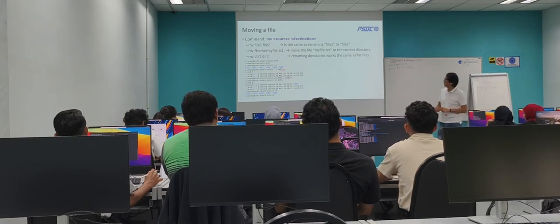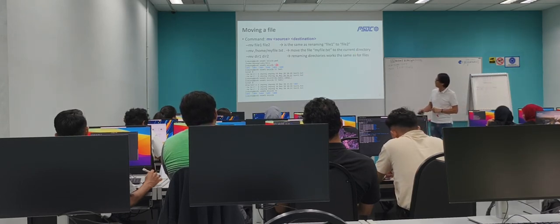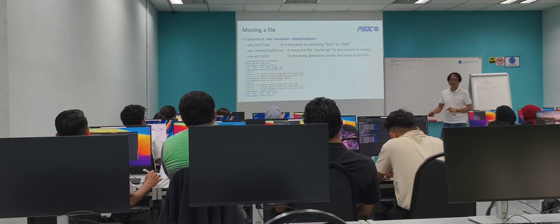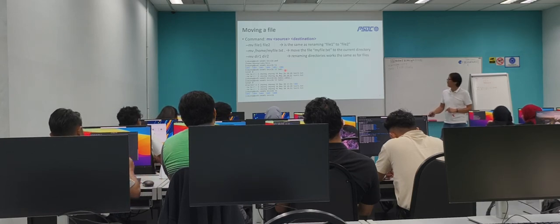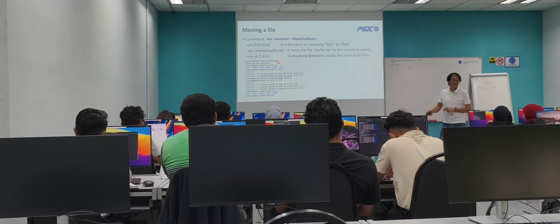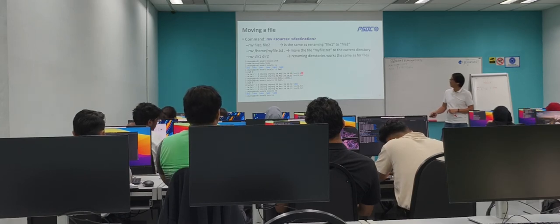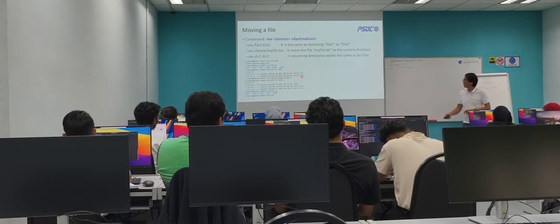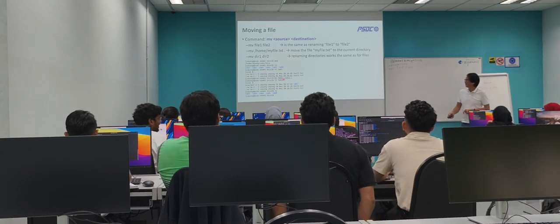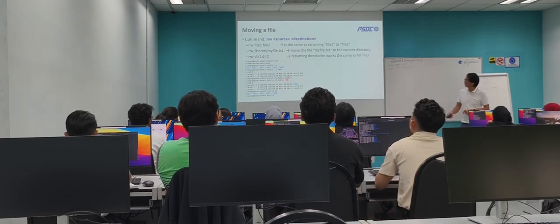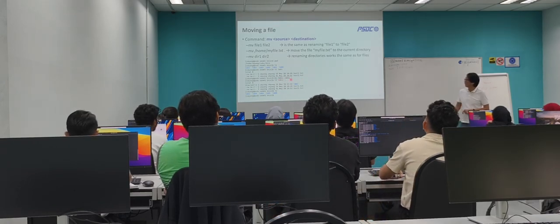Here are the examples. I have lab 1 and lab 2 here. Let's say I'm in this current directory. Then I list the files. I have these 2 files, text1, text2. Now I move lab 2 to lab 1.